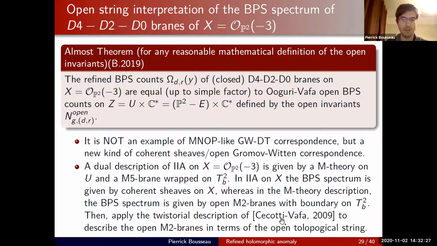Cecotti-Vafa in their paper wanted to have a physical derivation of the Kontsevich-Soibelman wall crossing formula for the count of BPS states in the 4D N=2 theory. And they looked at the theory engineered by an M5 brane wrapping a curve, in which BPS states are given by M2 branes with boundary on the M5 brane.